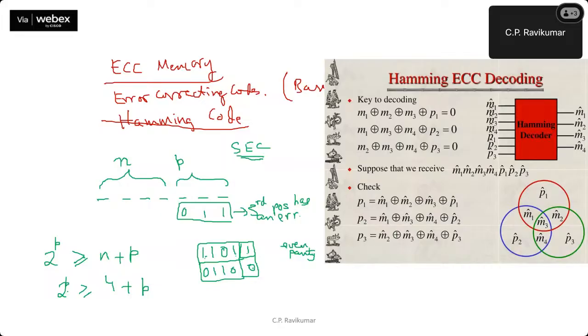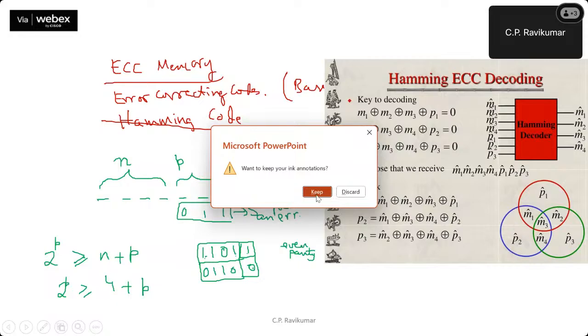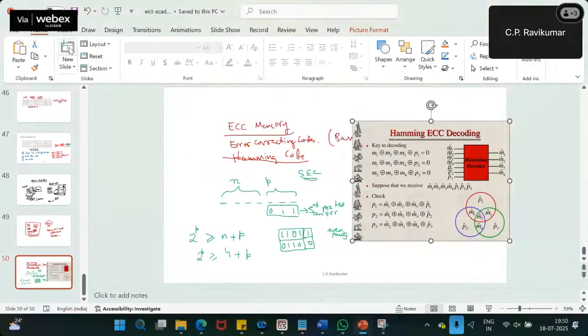So 2 will not work. Okay, if you try 2 parity bits, the right hand side has 6, the left hand side has 4. So this will not work. But if you try p equal to 3, it will work. So this is 8 and this is more than 7. So that is why for 4 bits of data, we will need 3 parity bits.